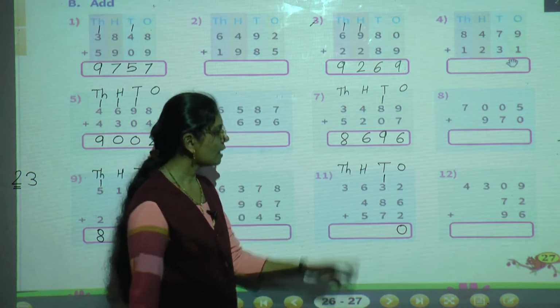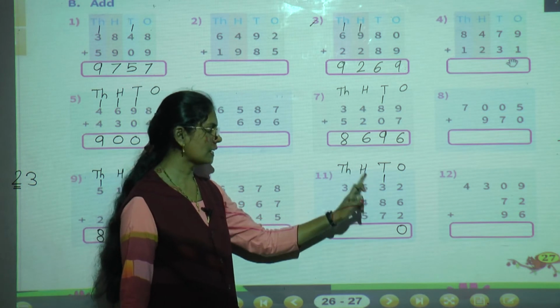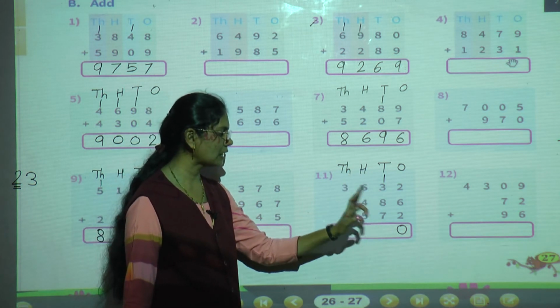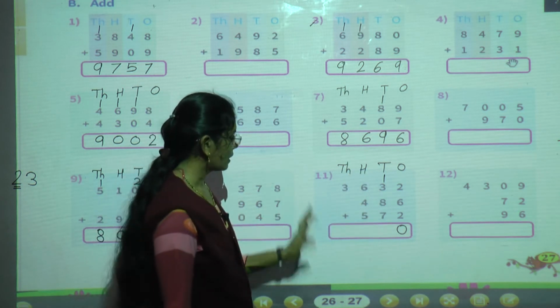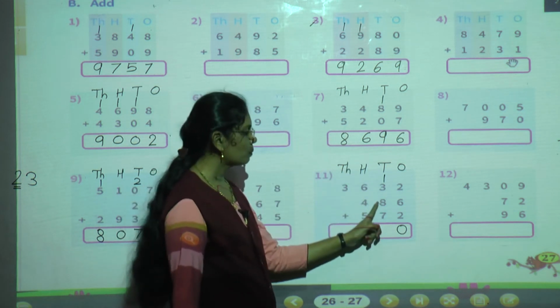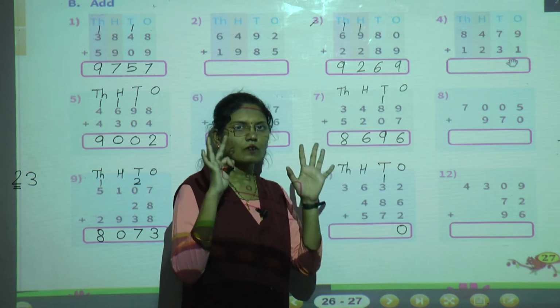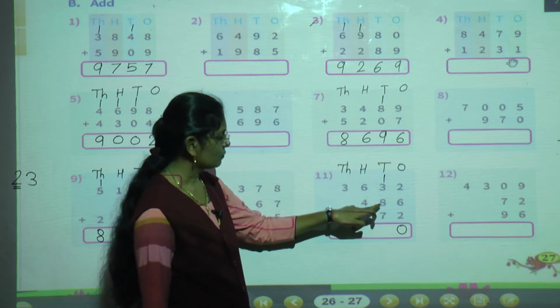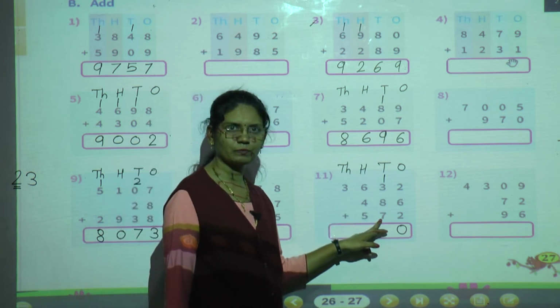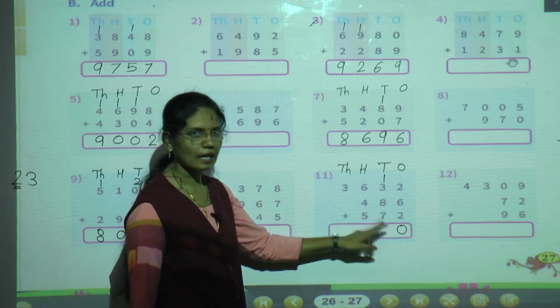Okay. Now see the tens place digit. Here 1 ten plus 3 tens plus 8 tens plus 7 tens. Do the addition: 1 plus 3, 4. 4 plus 8. Now after 4 count your 8 fingers. 4 plus 8, 12. Now 12 plus 7, 19.